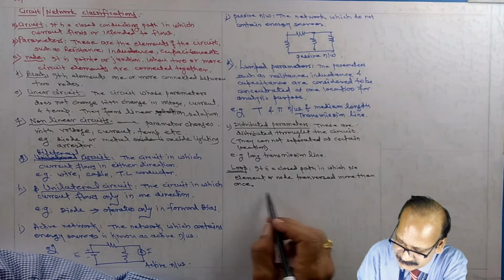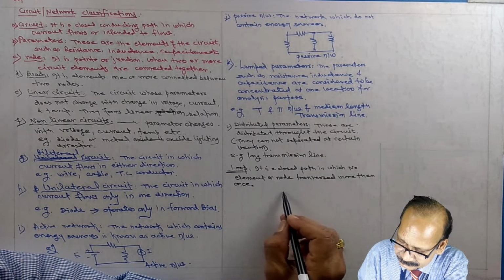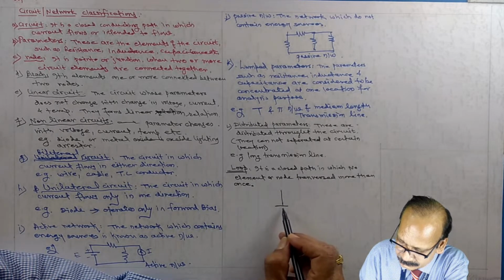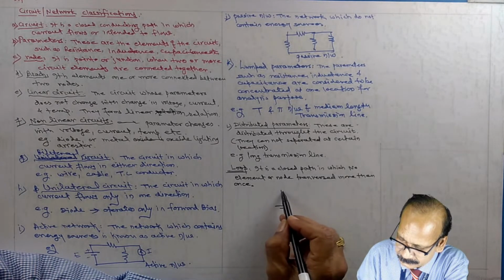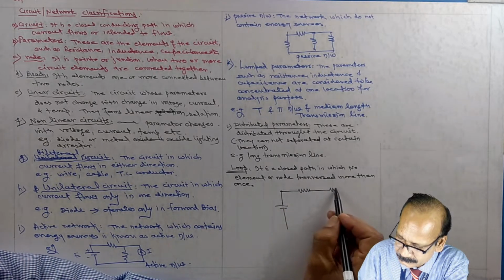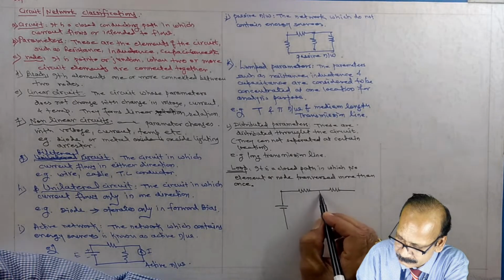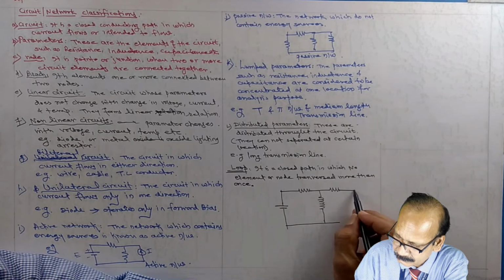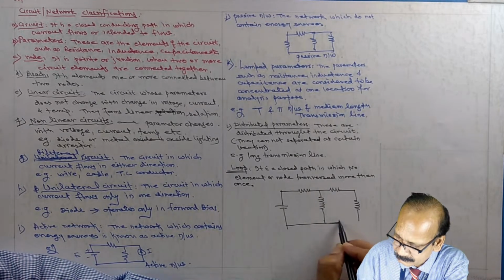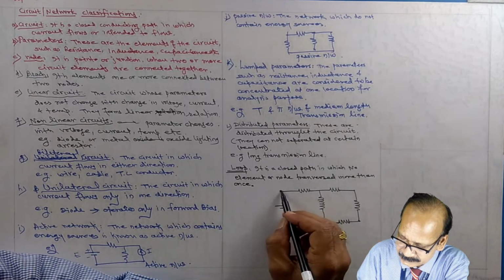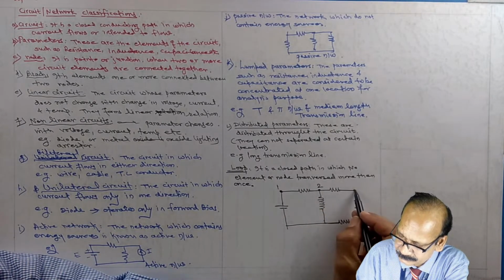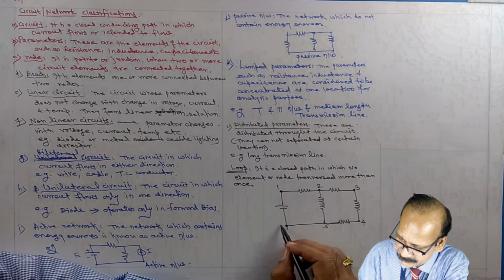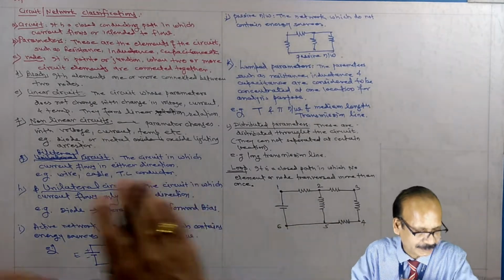For example, let us consider the diagram. So this is 1, 2, 3, 4, 5, 6.